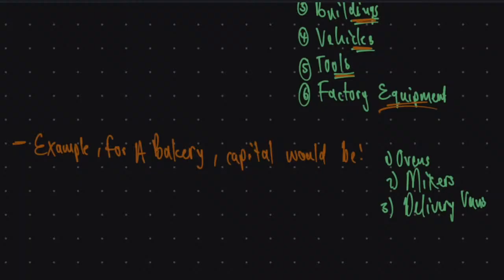Anything that is manufactured is capital. For a farming business, fertilizer is the tricky one. Fertilizer is not land. It's not natural.